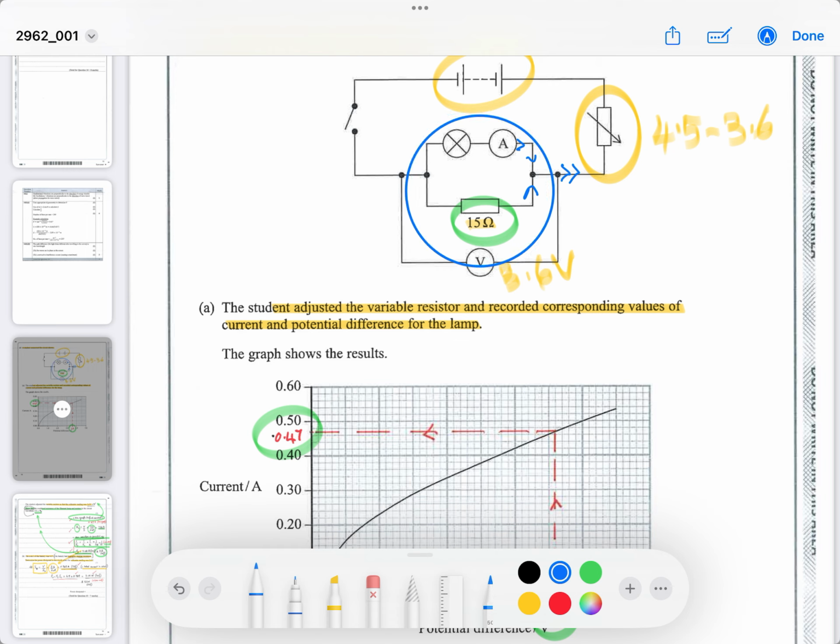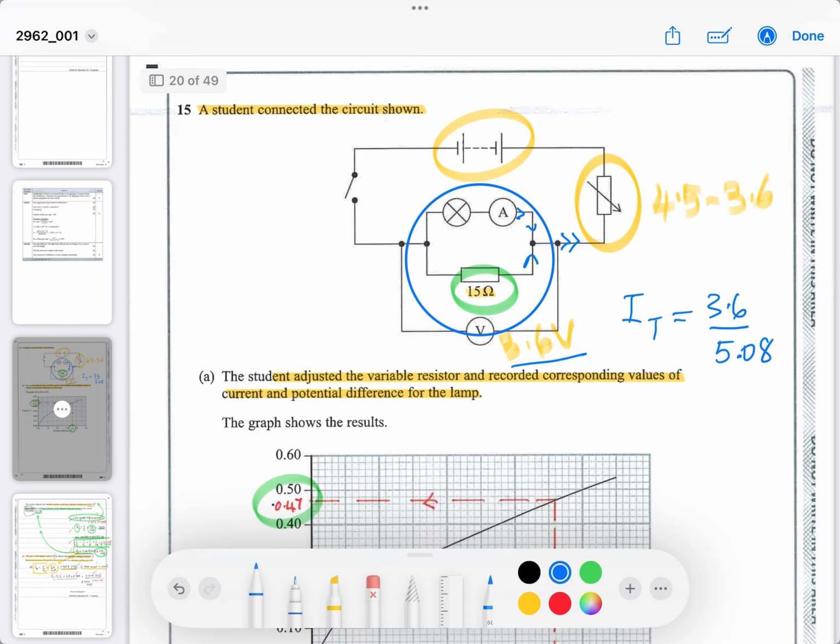If we know the total resistance, which we now do, then the total current coming out of there will be equal to 3.6 volts divided by the approximately 5.08 ohms, and that will give you the total current coming out of the parallel section. Therefore, it's the total current going through the resistor as well. So it's the current of the whole circuit, okay?